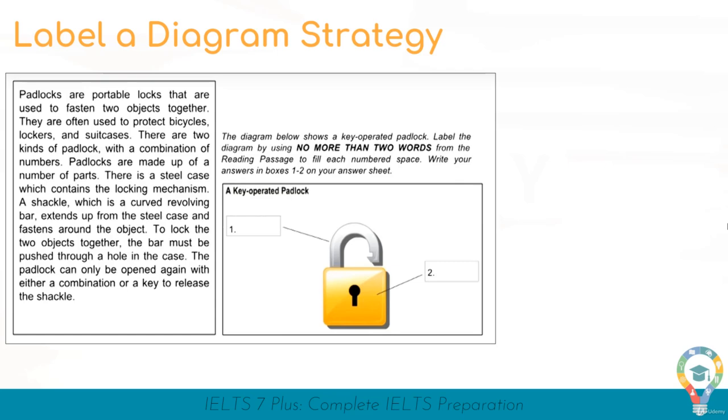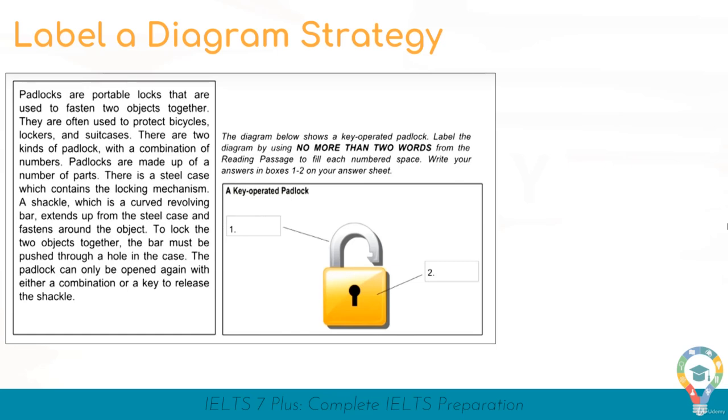The diagram below shows a key-operated padlock. Label the diagram by using no more than 2 words from the reading passage to fill each numbered space. Write the answers in boxes 1 to 2 on your answer sheet. So there we have it, an example of a label a diagram question.